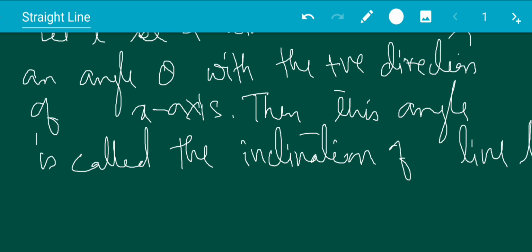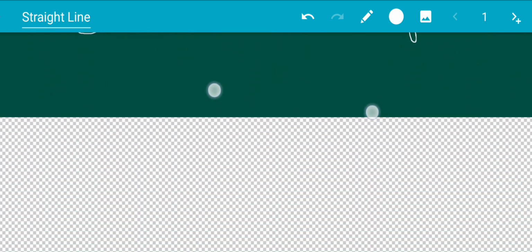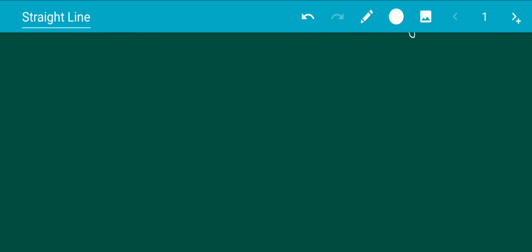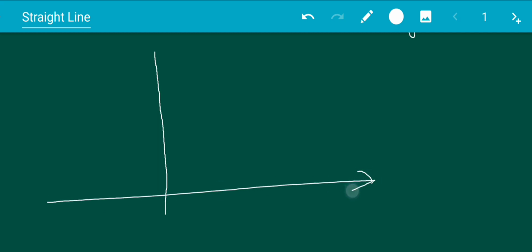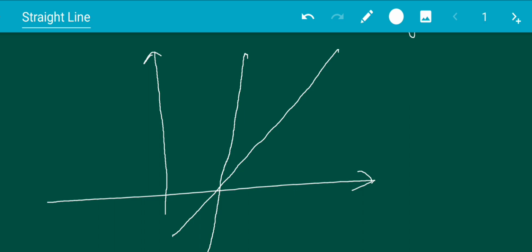So now what is the slope? It is clear that if you have two lines, suppose this is theta 1 and theta 2, then the inclination of this line is less than this line.